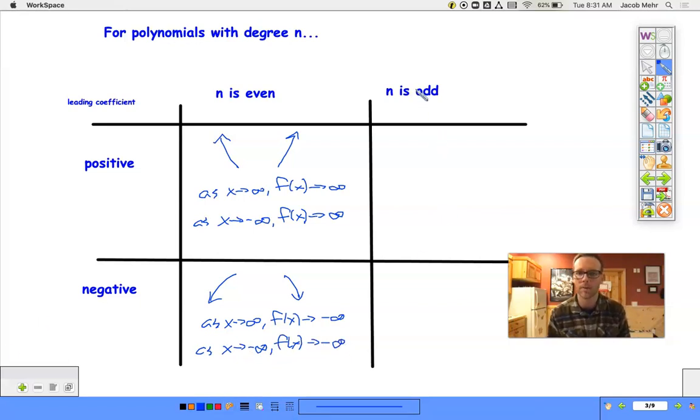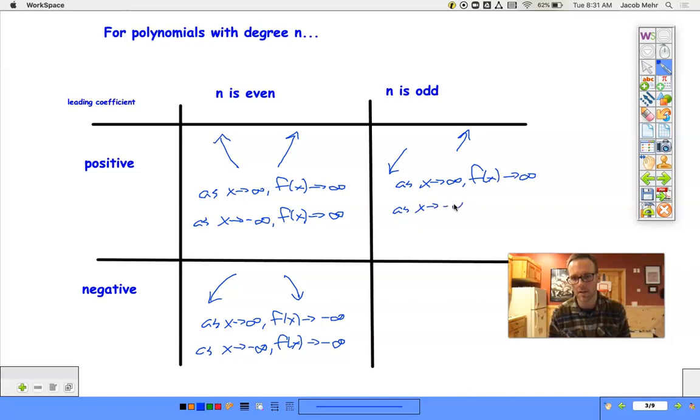Now for the odds. If the leading coefficient is positive, it's up to the right and down to the left. There could be extra goofy things happening in there, but we don't care about that. Again, we're only talking about end behavior. And I'm going to say as x goes to infinity, f of x goes to infinity.